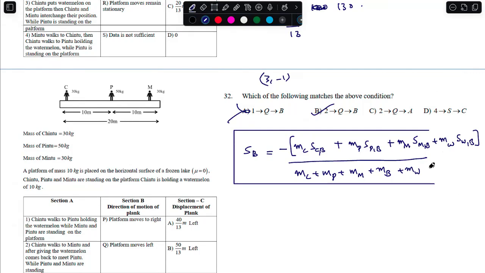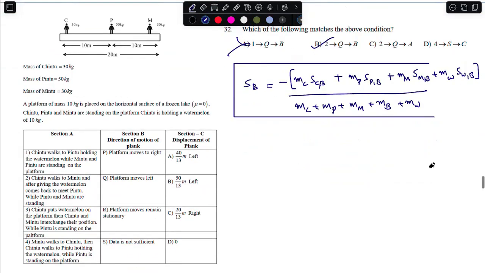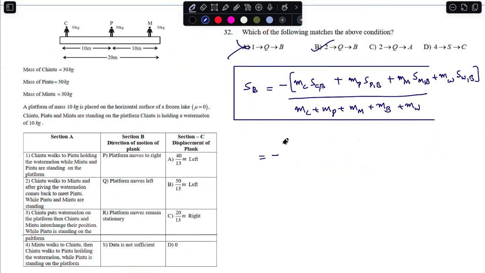So what will you get now? Minus, Chintu walks to Mintu and after giving the watermelon, comes back to meet Pintu. So actually, the effective displacement is 10 only, and Chintu's mass is 30. 30 into 10, plus 10.